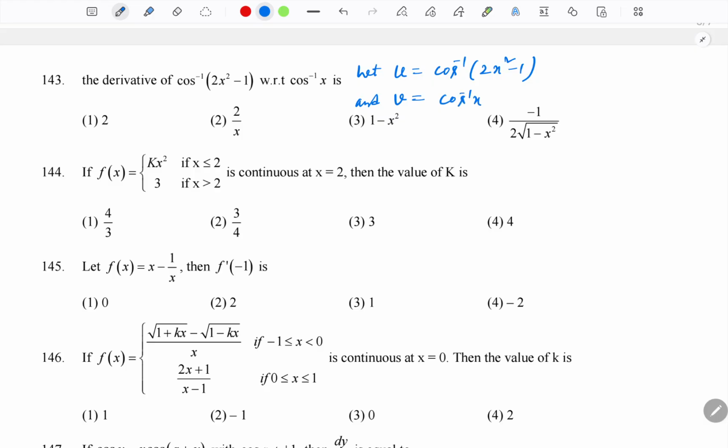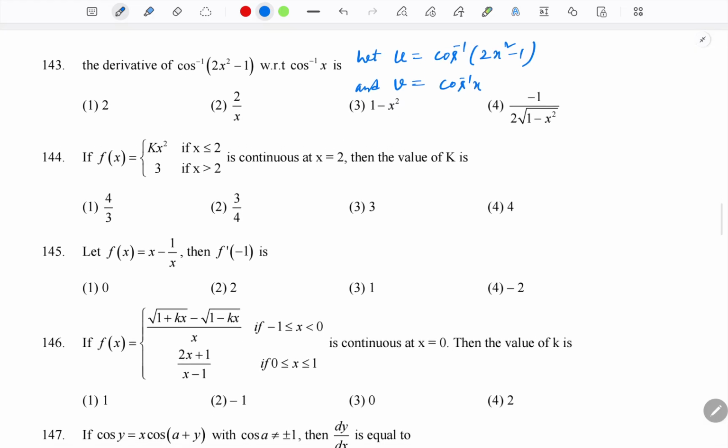Here we know, right, we have one identity. What is that identity? Cos inverse of 2x square minus 1 equal to 2 times cos inverse x. Here what is cos inverse of 2x square minus 1? It is u. What is cos inverse x? V. So if you substitute those things, u equal to 2v.